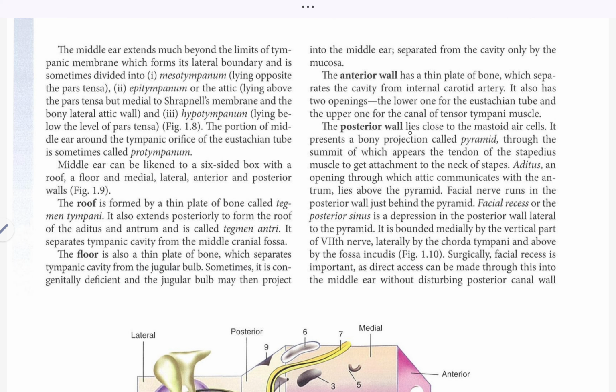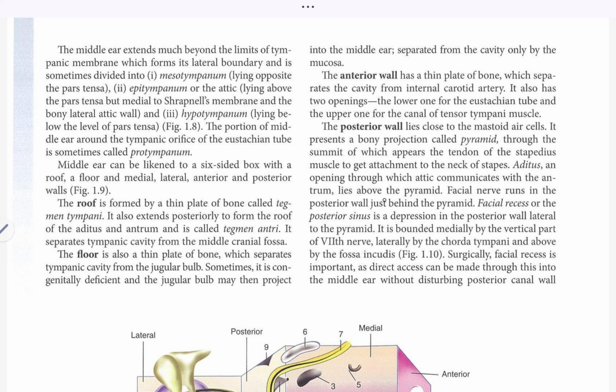The posterior wall lies close to the mastoid air cells. It presents a bony projection called the pyramid, through the summit of which appears the tendon of stapedius muscle to get attached to the neck of stapes. An opening through which the attic communicates with the antrum lies above the pyramid. The facial nerve runs in the posterior wall just behind the pyramid.